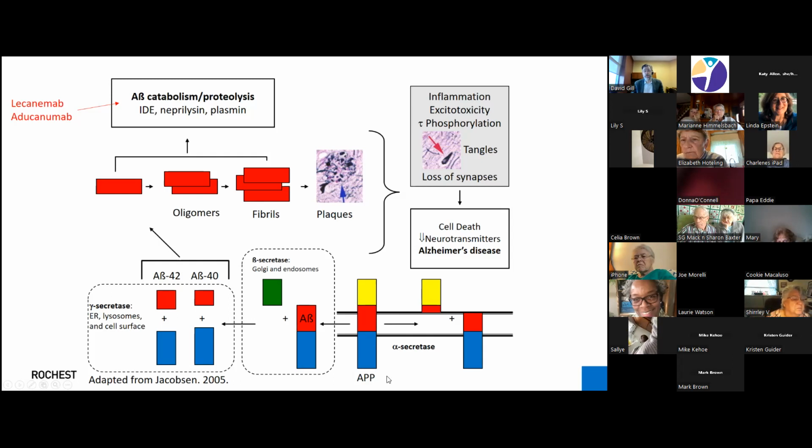We have enzymes in our brain that work like scissors, and they can cut the red piece apart, or they can cut it in another way, where we have two different sets of enzymes that eventually break apart this red fragment of the amyloid precursor protein. This red fragment is the amyloid beta piece of the protein.